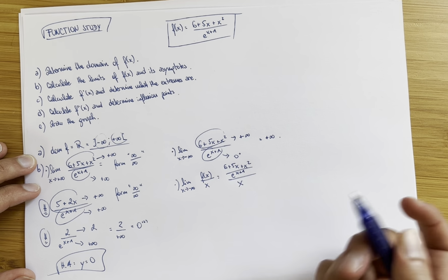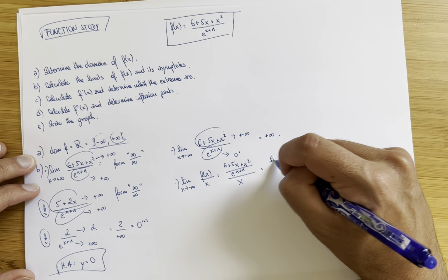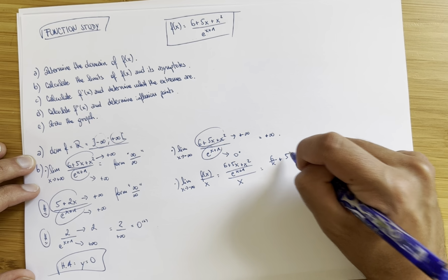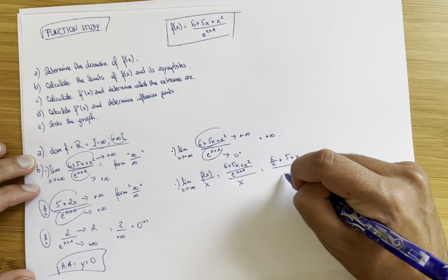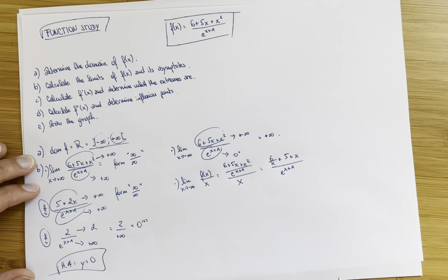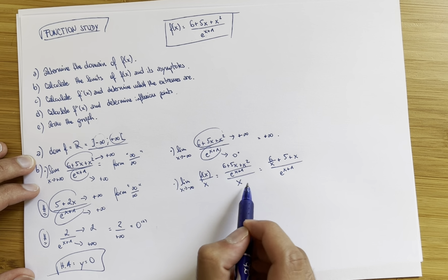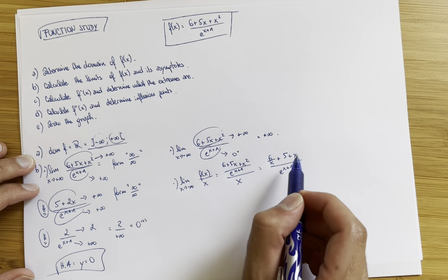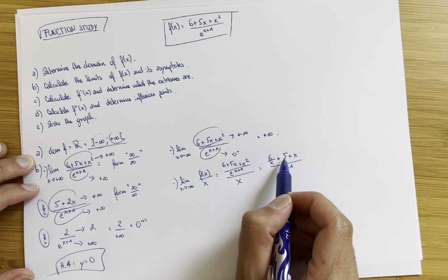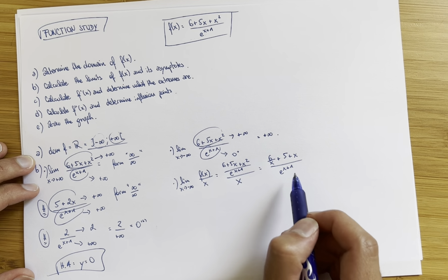If we just calculate this, we get 6 divided by x plus 5 plus x divided by exponential of x plus 1. So what I did here is I divided 6 by x, 5x by x, which equals 5, and x squared by x equals x.